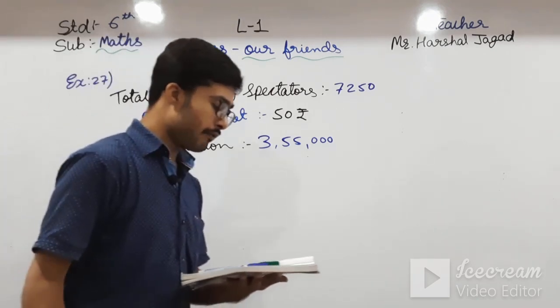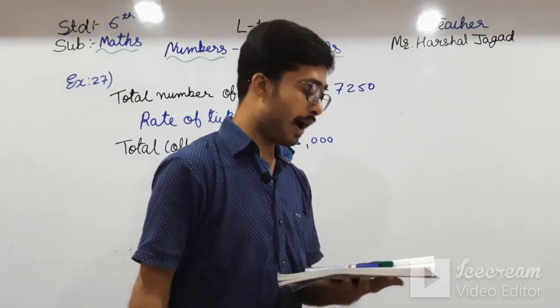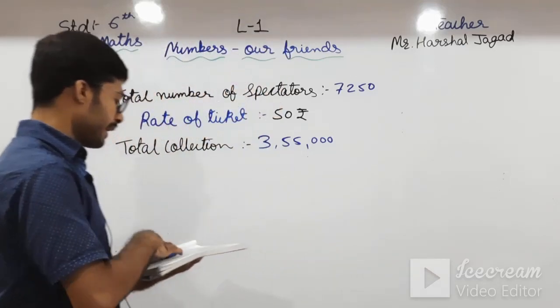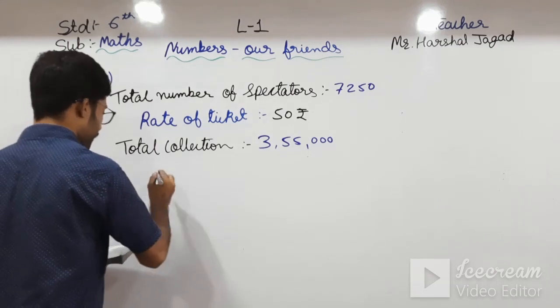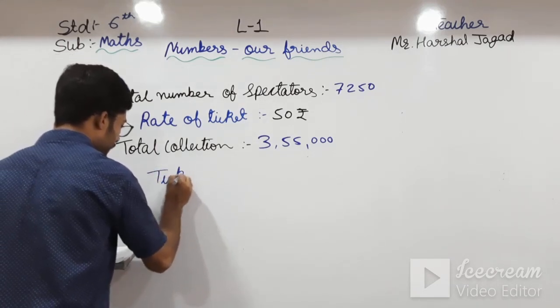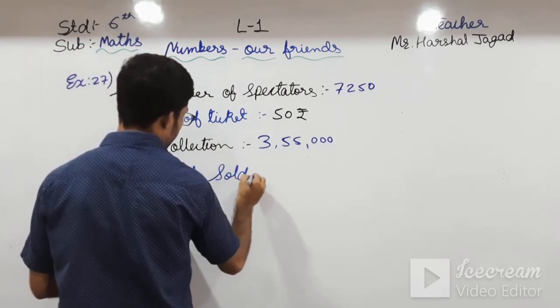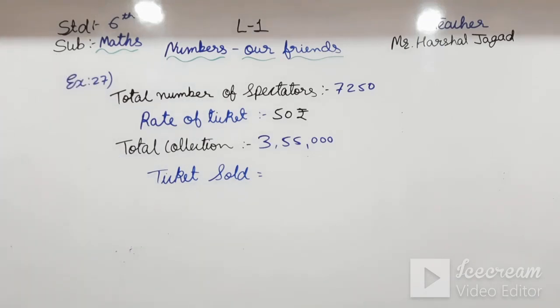Now, what do we have to find? Some people were invited and they were given free tickets. How many invites were there? So what do we have to do? Tickets sold. How many tickets were sold?